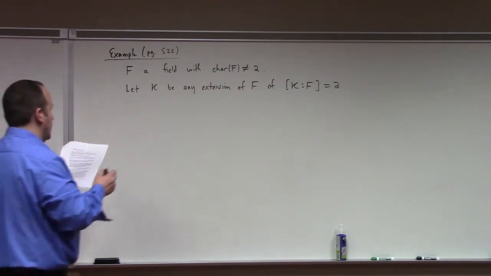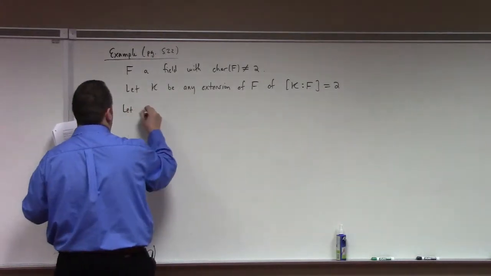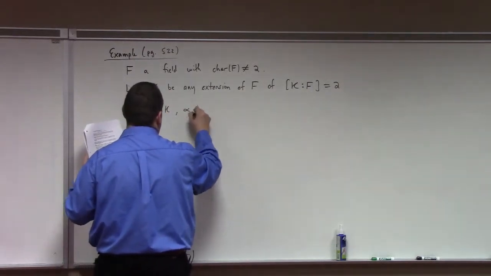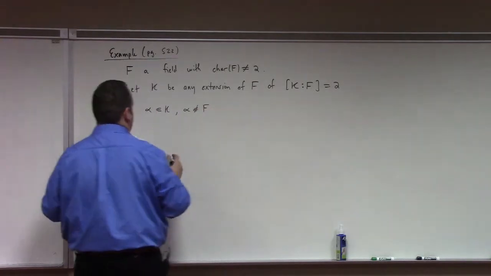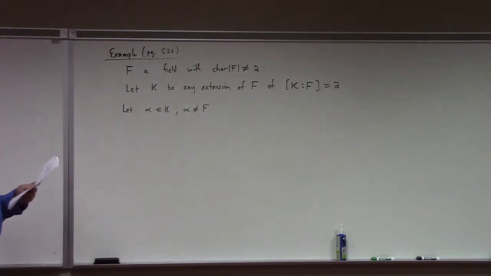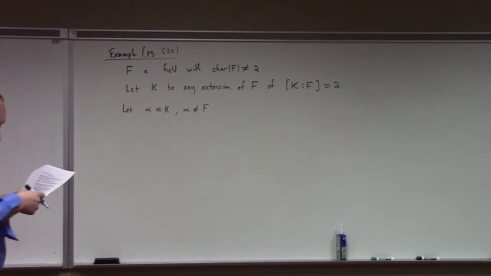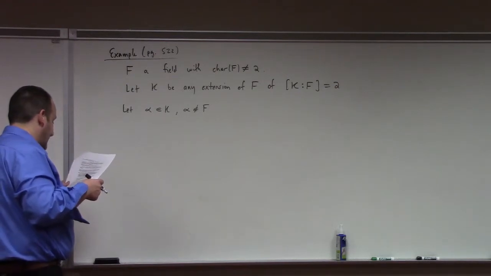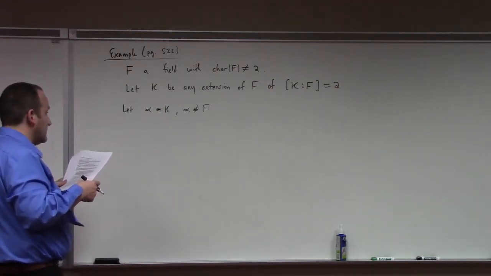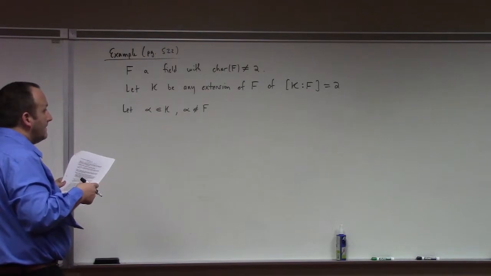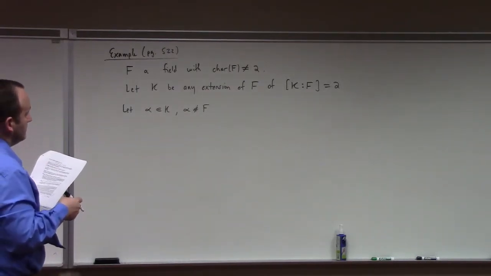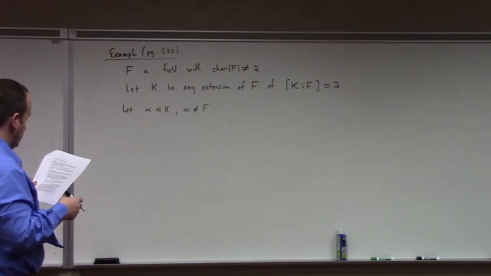And then he says, let alpha be an element of K, alpha not an element of F. So look at something that's in K that is not an F element, all right? Then he says, by the proposition above, alpha satisfies an equation of degree at most 2 over F. Right?